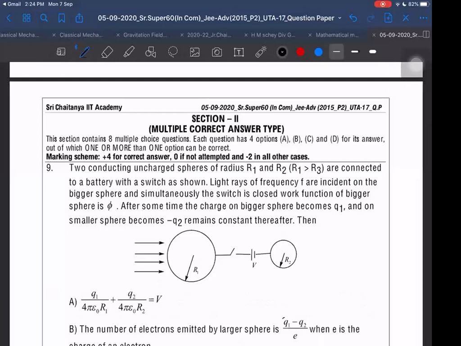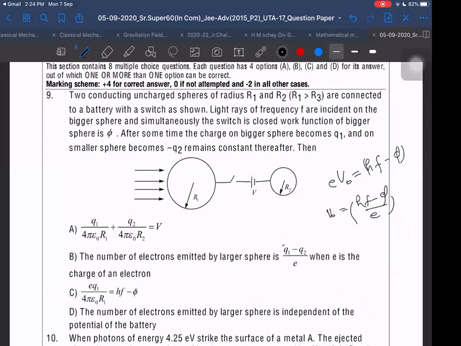Let us try to find out stopping potential formula. And V naught is also equal to K into charge acquired by it, Q1 divided by R1.